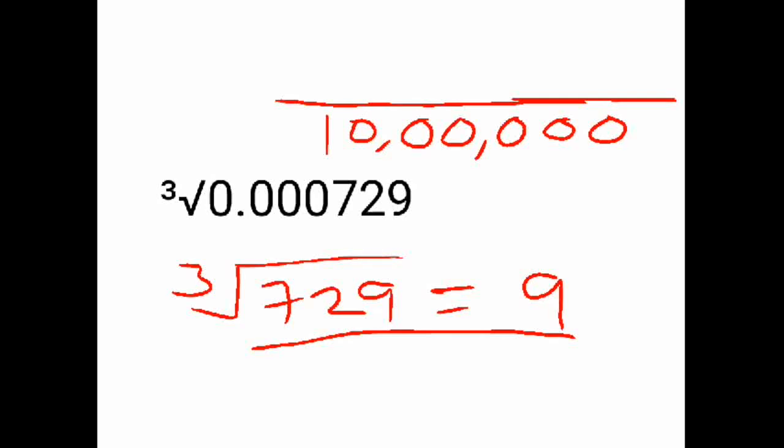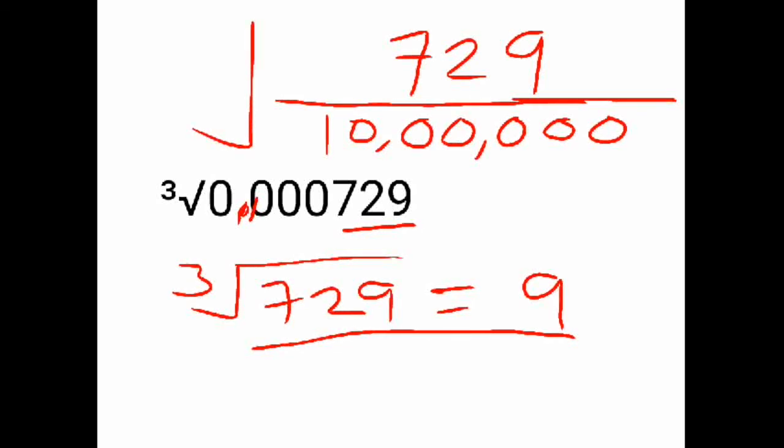If you are taking denominator 10 lakh here, you have to remove this decimal point, and numerator you have to write only 729. Now find the cube root of 729 upon 10 lakh. Cube root of 729 is already given, answer 9. Then cube root of 10 lakh, find it.